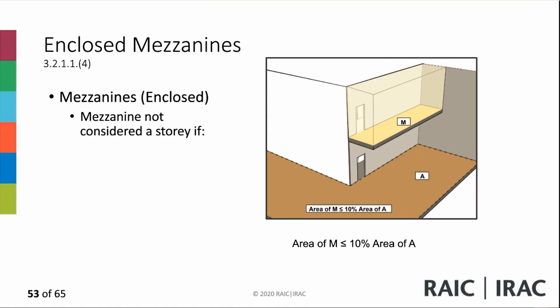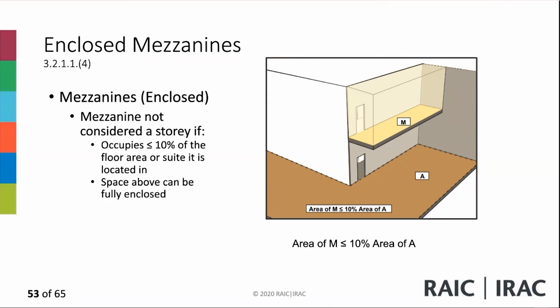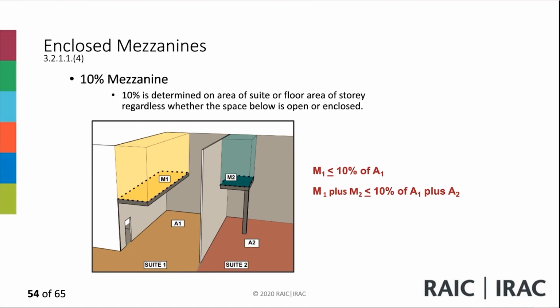If there is enclosure around the mezzanine, and this is non-rated, basically open area, this is permitted as long as it's not more than 10% of the floor area of the suite in which it's located. Space above can be fully enclosed, as long as it's not more than 10% of the story or the suite it is in. So no requirement for visual communication here.